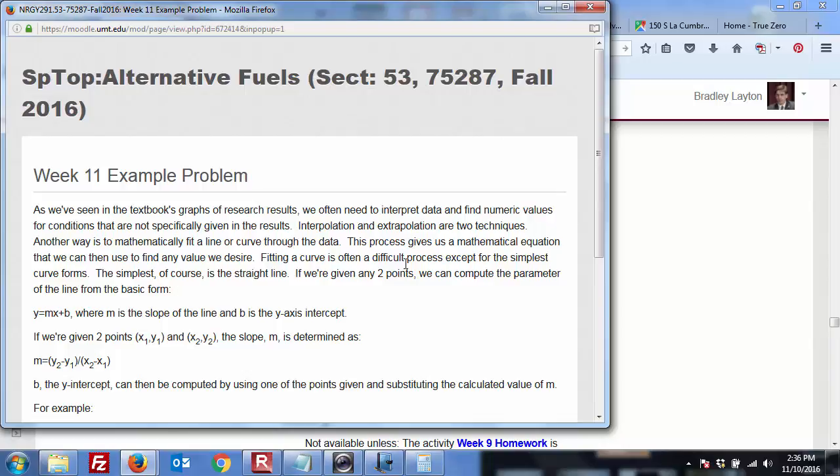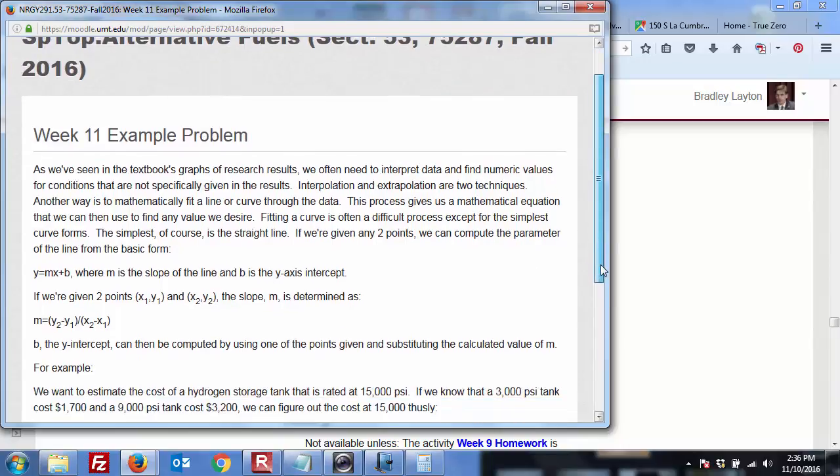This process gives us a mathematical equation that we can use to find any value we desire. Fitting a curve is often a difficult process, except for the simplest curve forms. Simplest is a straight line. We're given 2 points. We can compute the parameter.